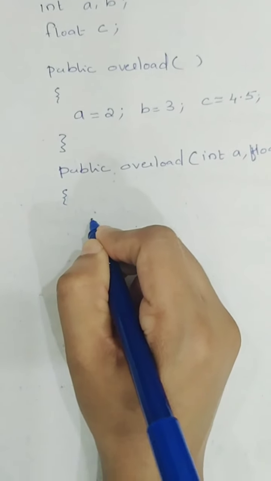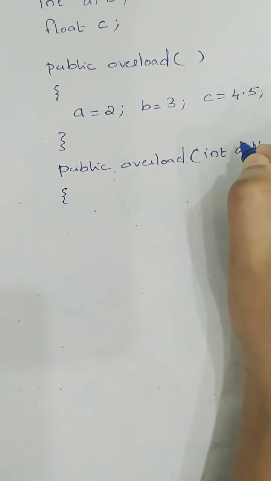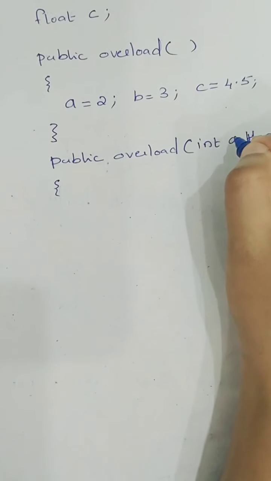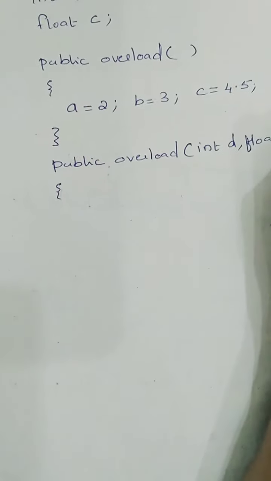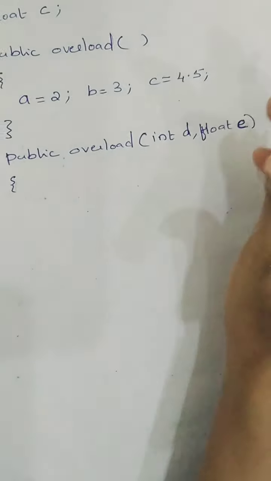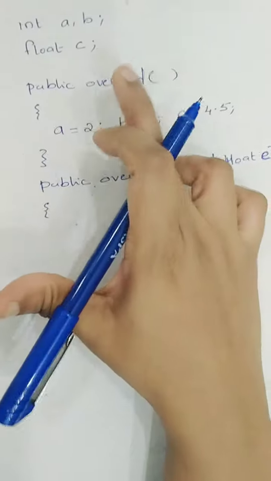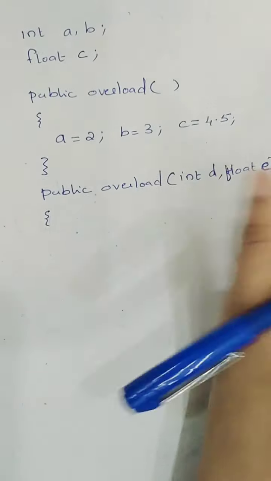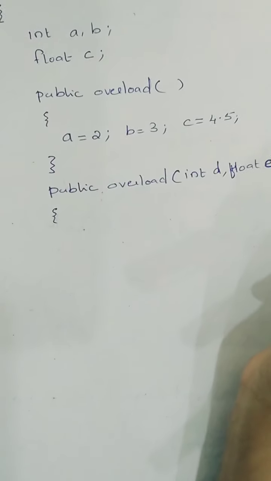And here, instead of float a or int c, we can write this as d, e, because otherwise we have to use the keyword this. If the local variable and the global variable have the same name, we have to use the this keyword to differentiate between the global variable and the local variable.